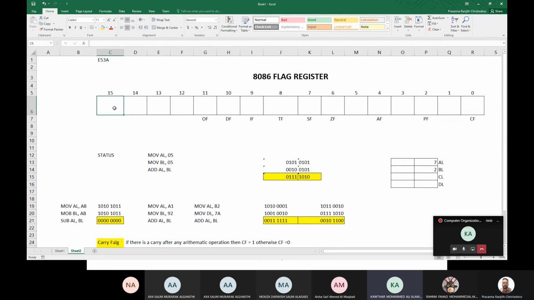E is 1110. 5 is 0101. 3 is 0011. The last one is A, which is 1010. Now they are asking you what are the flags that are set.